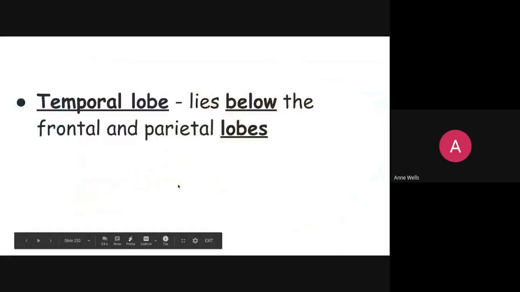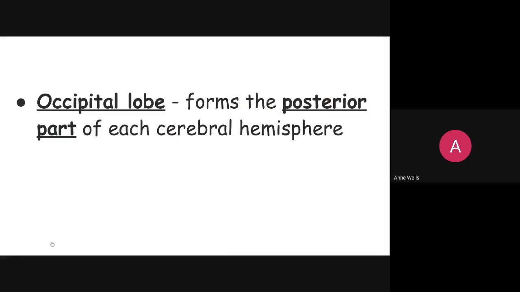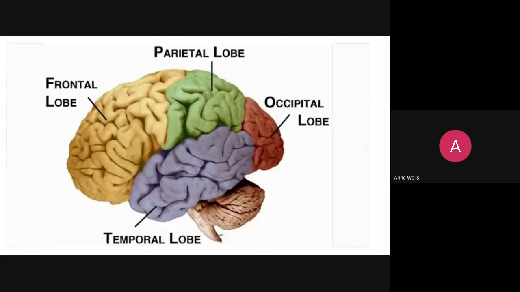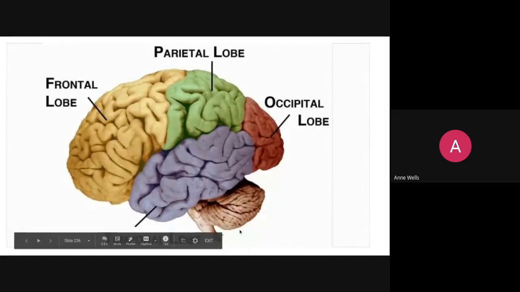The temporal lobe lies below the frontal and parietal lobes. And the occipital lobe, which forms the posterior part of each cerebral hemisphere. And there's a picture of all the lobes at once you can look at and study.